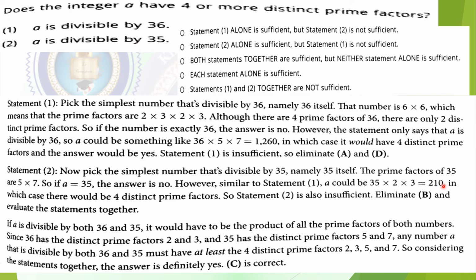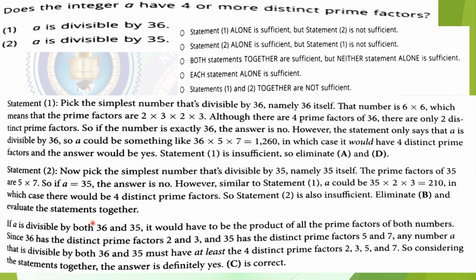Then you get 4 different prime factors: 5, 7, 2 and 3. So the first case is no, the second is yes. Two different answers, so from the second statement also you cannot determine the answer.